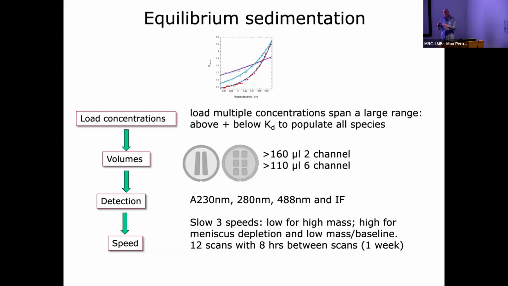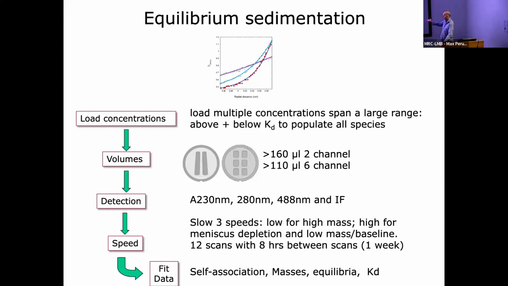And you do three speeds: a slow speed for very high mass, then a middle one, and then a very high speed, taking everything down to get a baseline. Because you need to get to equilibrium, you need to collect 12 scans, and you need to do that over 8 hours. So you need your sample to be happy over that amount of spinning. Again, what we're going to look at is self-association, masses, and equilibrium.